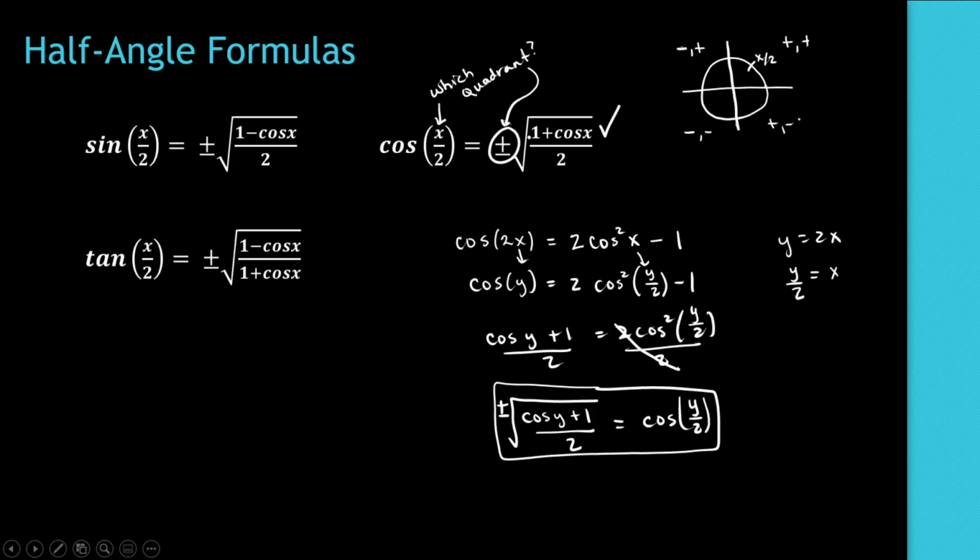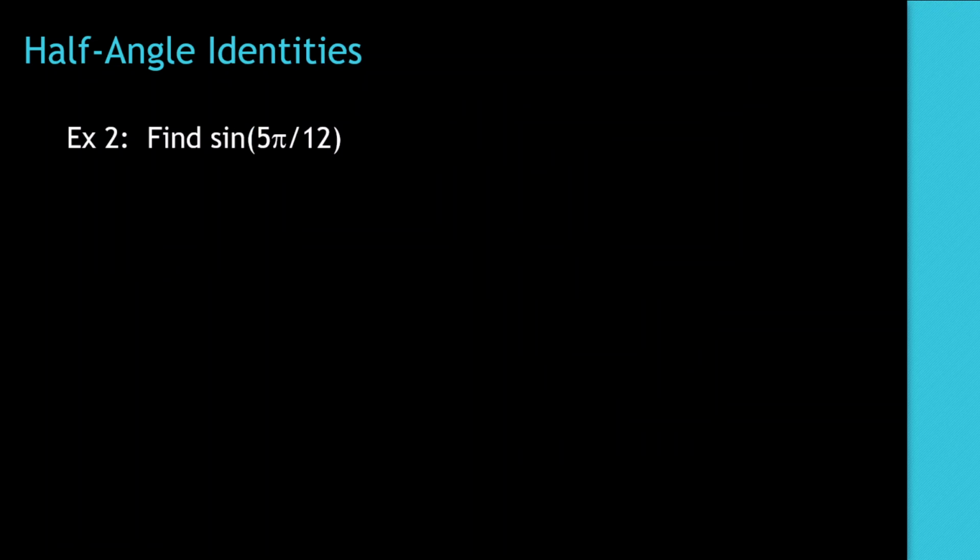Okay, so let's take an example of how we might use this. For instance, they might ask us to find the sine of 5 pi 12ths. Well, 5 pi 12ths is actually 1/2 of 5 pi 6ths. So because it's the half of something, I can use my half angle formula.